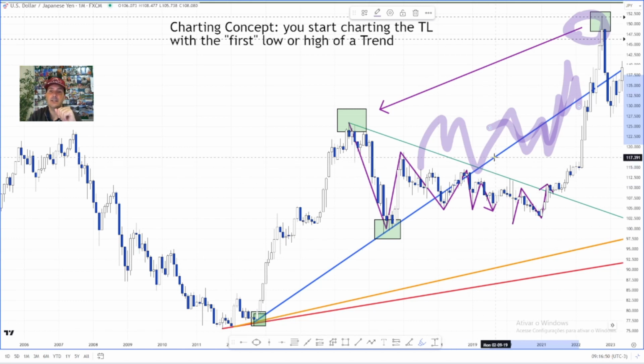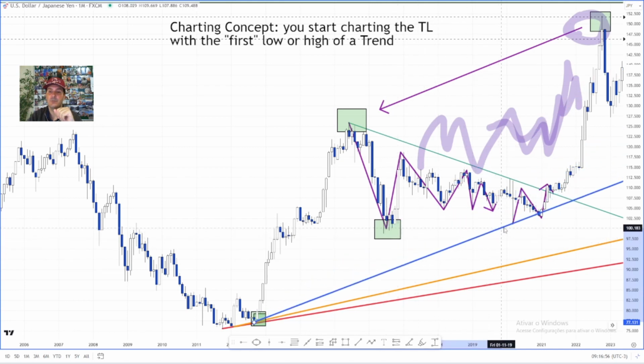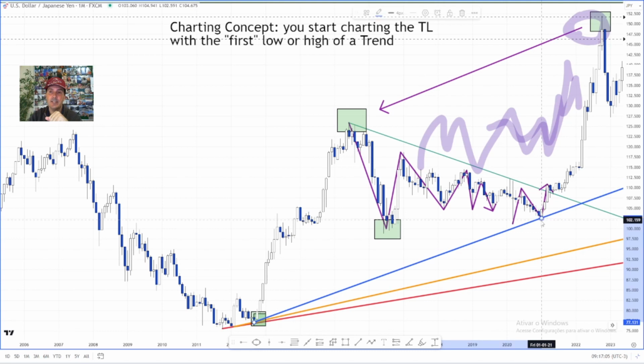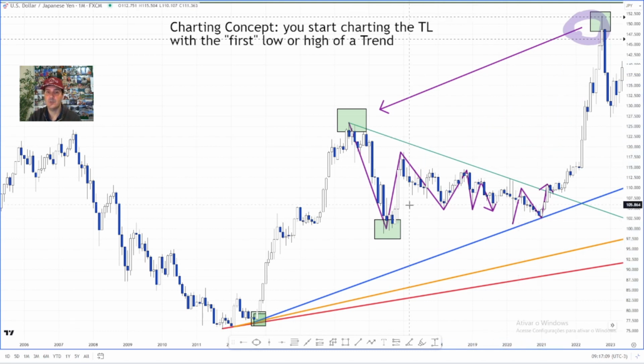Now you can take the blue and readjust it. Still, I'm moving, I'm very careful. This would be wrong, I'm breaking the white body candle. So I'm going to do it like this. Alright? Delete this one, delete this one.